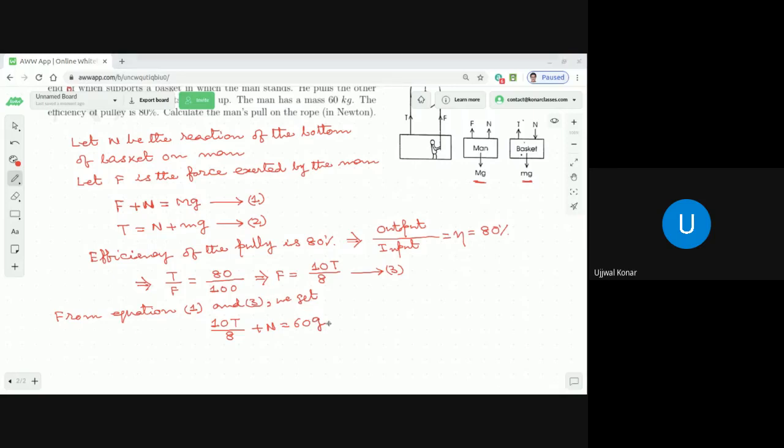And from here we can find the value of 10T by 8 equal to 60G minus N. So 10 into T by 8 is equal to 60 into G minus N. So that we can give as equation number 4. Correct?